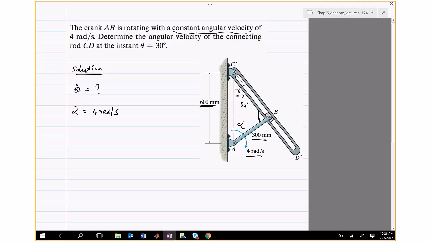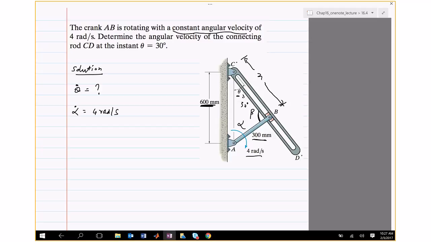But then I'll have to find this angle. Let's call that beta. In fact, if you're confused, let's take this as x, and I'm just writing this down so that, as I told you, if you know three numbers, then you can completely determine the triangle.